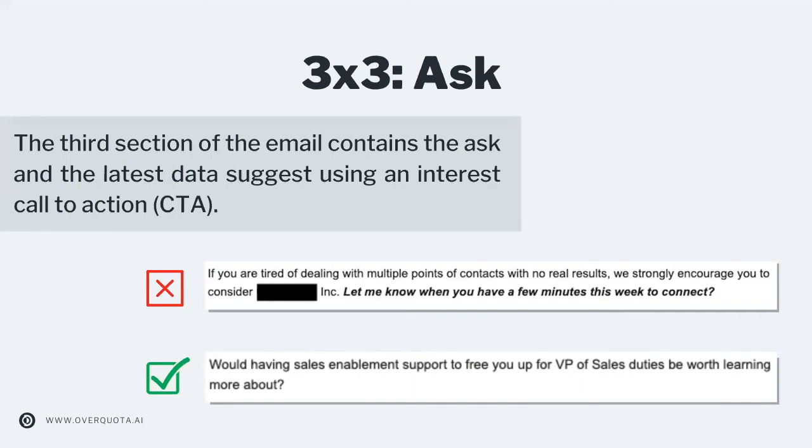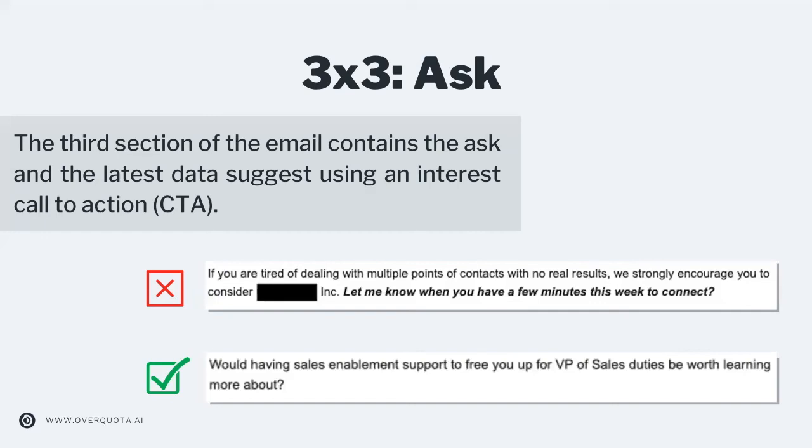The final section of the 3x3 is the ask, which includes a call to action. Let's take a look at our examples, starting with example number 1. "If you are tired of dealing with multiple points of contacts with no real results, we strongly encourage you to consider Company Inc. Let me know when you have a few minutes this week to connect." While this example isn't terrible, there are a few things here to call out.